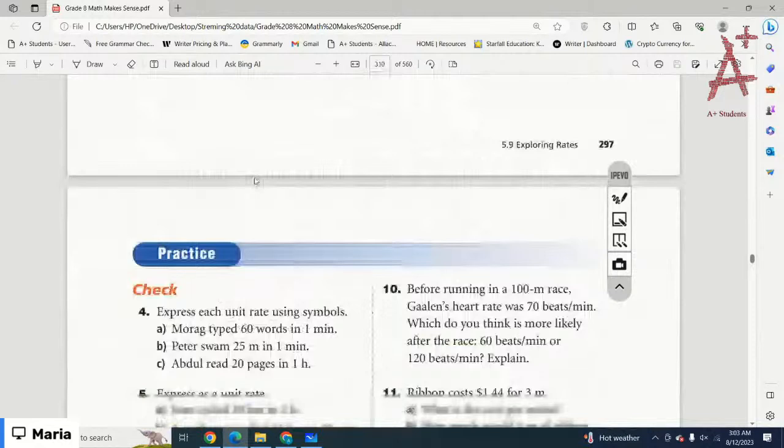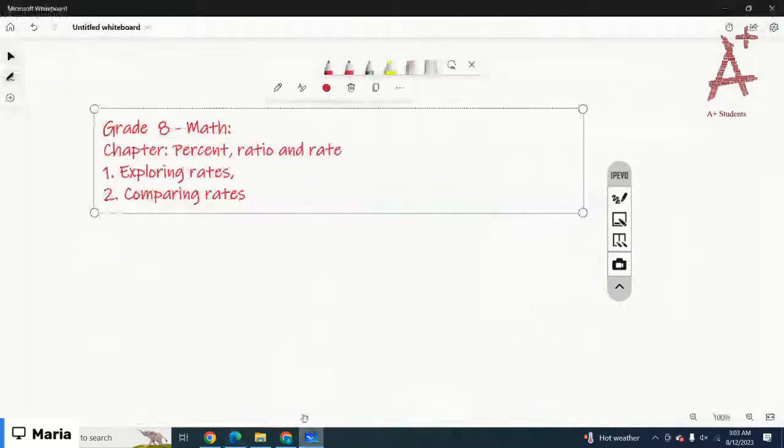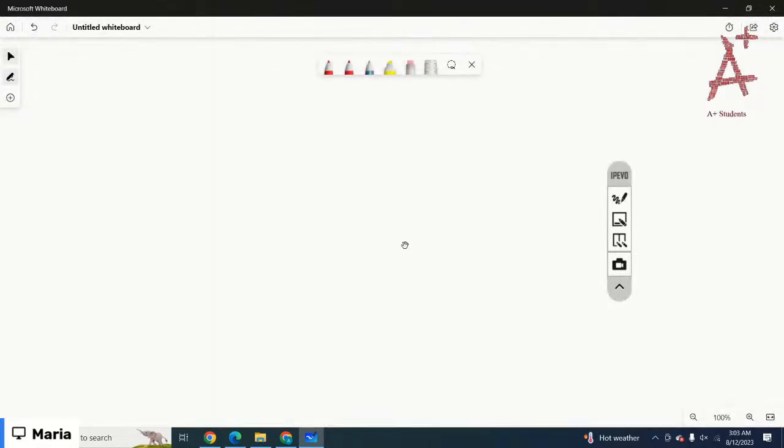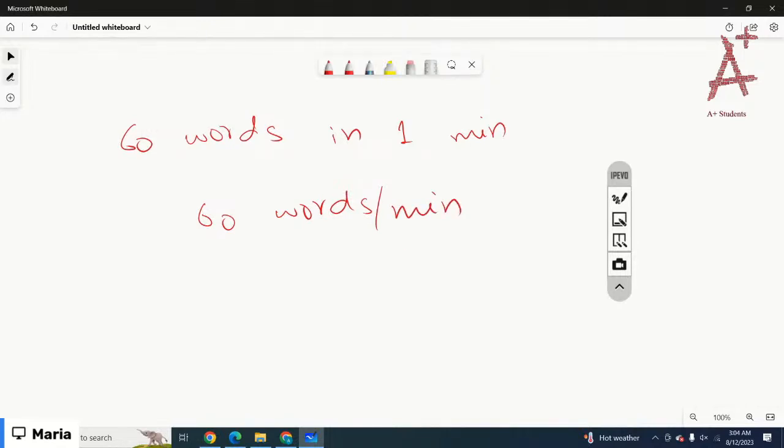So you can write it as 60 words per minute, right? That means he can write 60 words in a minute.